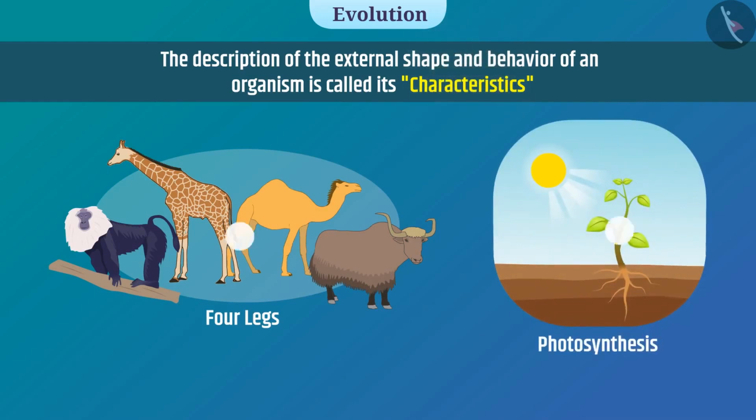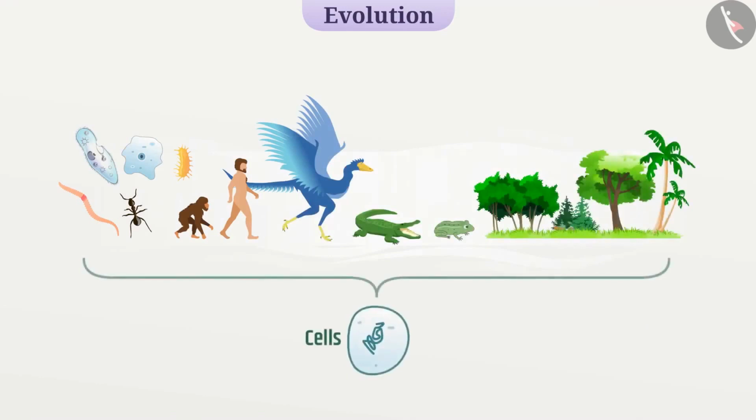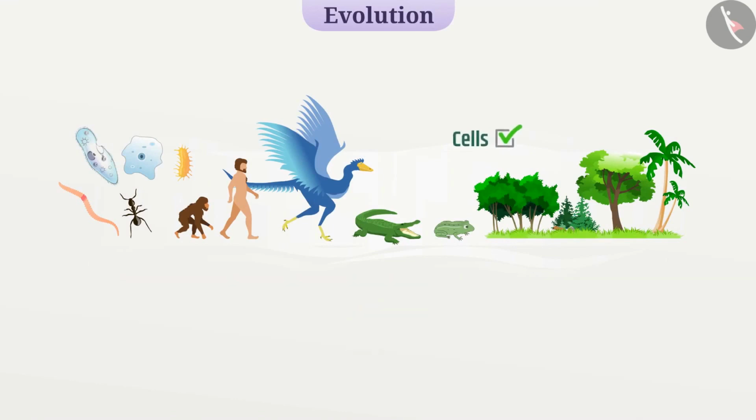We can classify organisms on the basis of similar characteristics. For example, the body of all organisms is made up of cells. So, we can put all organisms on the first level. At the next level, we will see characteristics that are common among most organisms but not among all.